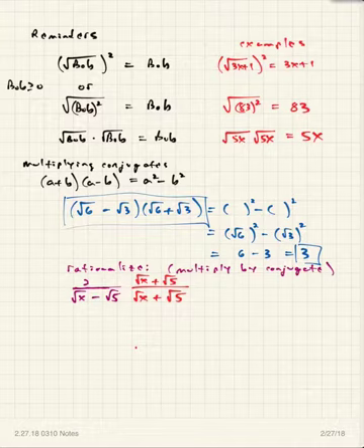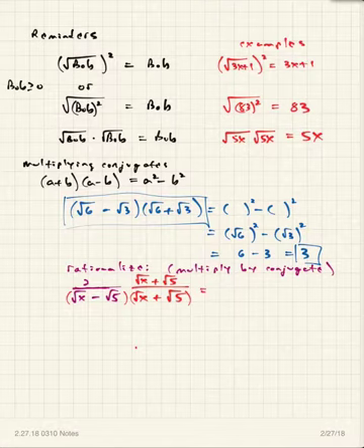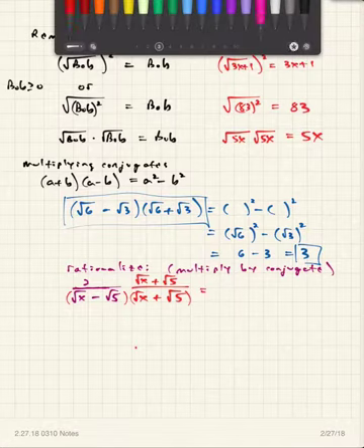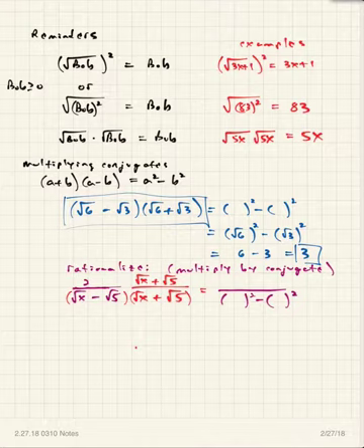So this is where conjugates come up for us as algebra students, when we're rationalizing the denominator of an expression that has an addition or subtraction problem like this. The denominator has conjugates in it, and so when you multiply in the denominator, you're just going to get a square minus a square, because you're multiplying a plus b times a minus b.